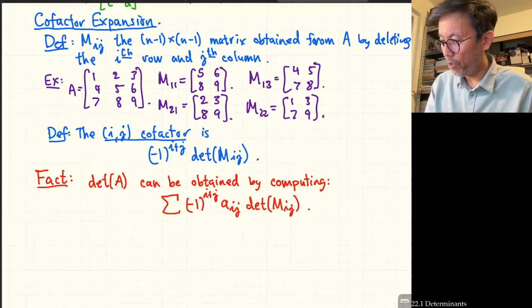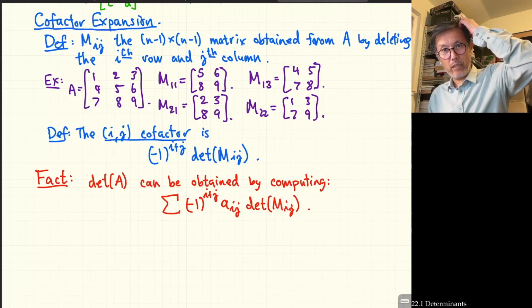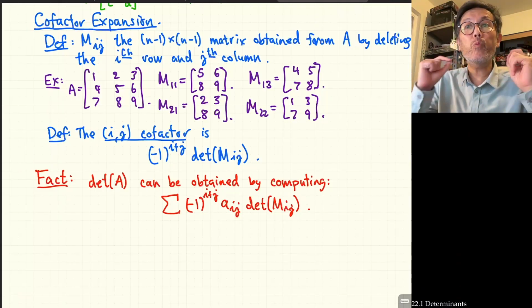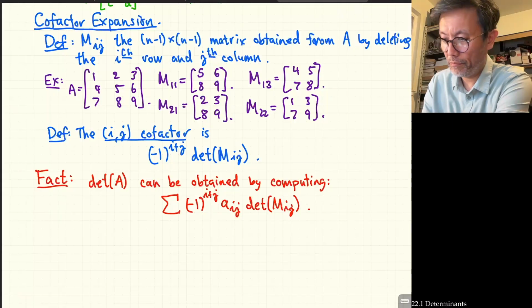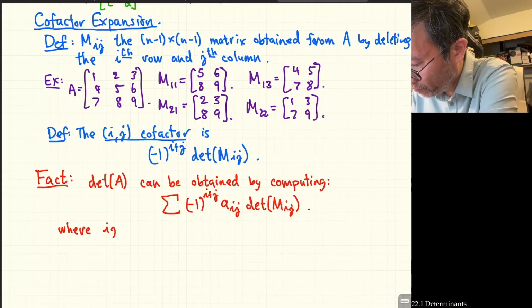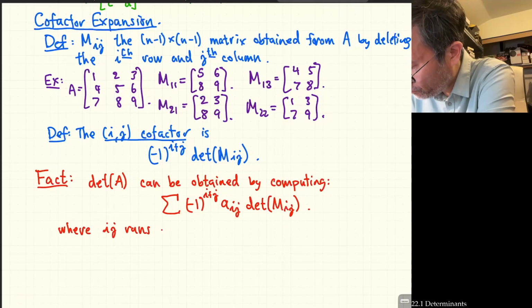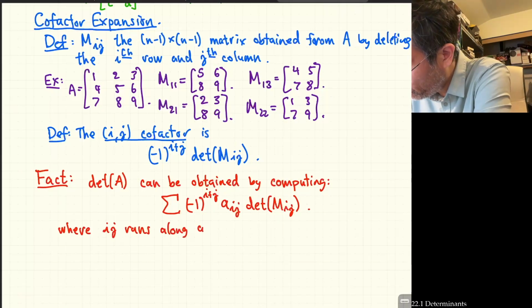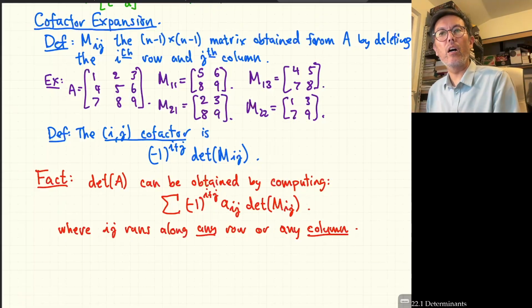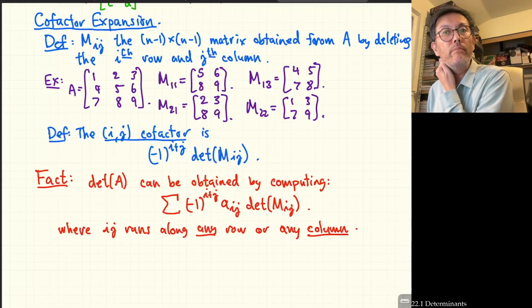We can write this formula down where we take the entries along any row or any column. We call this cofactor expansion along a row or a column.